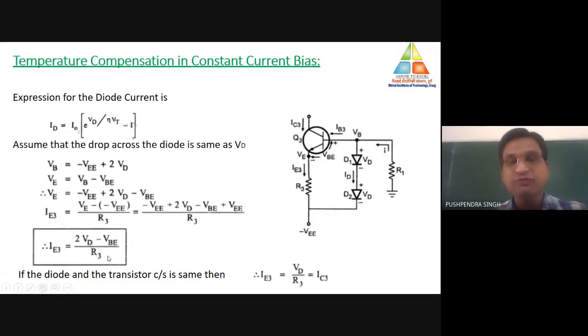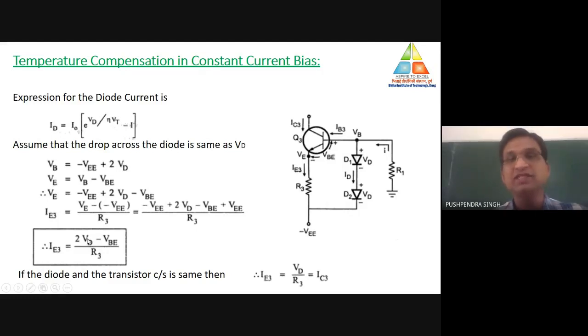If the characteristic of both the diode and transistor is the same, that means the total voltage drop, the value of VD, is equal to 0.7 volt. If VD is 0.7 volt, then VBE will also be 0.7 volt. Then twice 0.7 minus 0.7 divided by R3, that means 0.7 divided by R3.